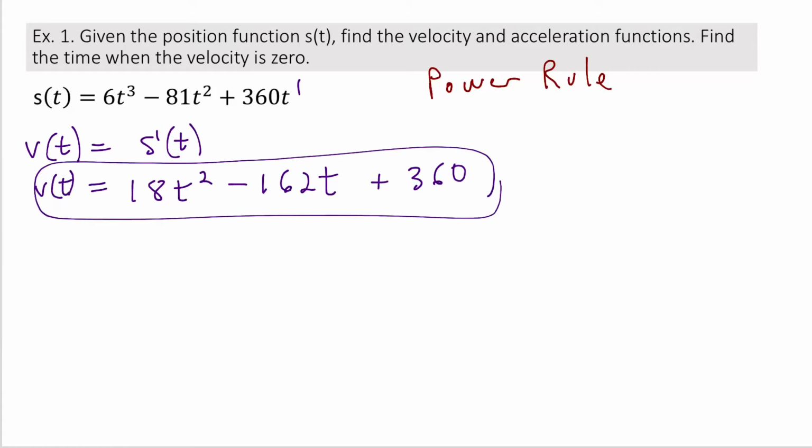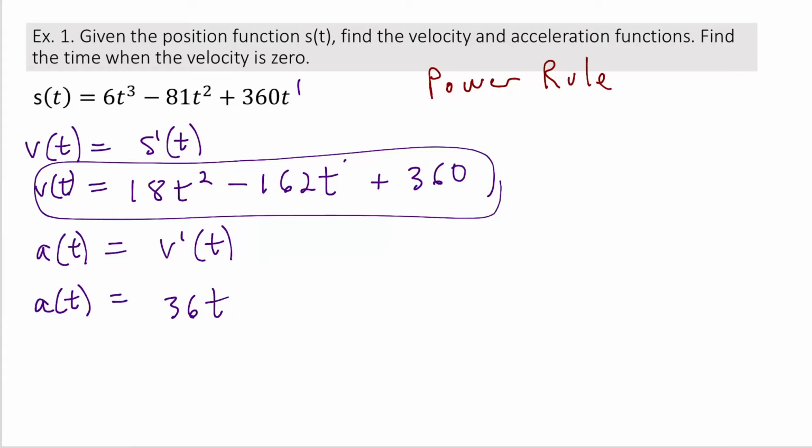To find the acceleration function, I differentiate the velocity function. I find the first derivative, and I'm going to use the power rule again. Looking at my velocity function, 2 times 18 would be 36, and drop my power down by 1, that would be t to the first power, so I don't have to write it.